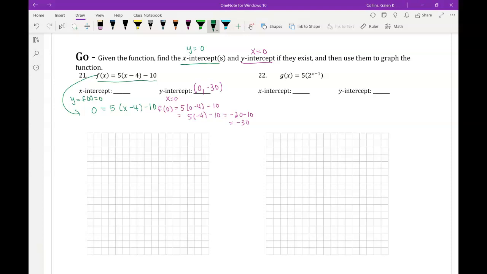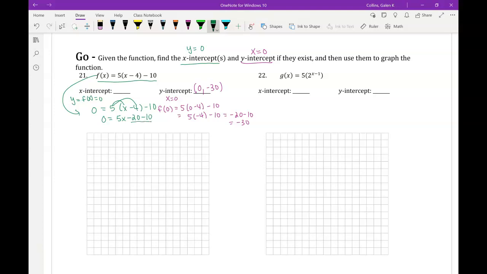So what you could do first is you could either distribute that 5 or you could add 10 to both sides. It doesn't really matter which you do first, but my guess is that in middle school, you would have learned to distribute first. So 5x minus 20 minus 10.